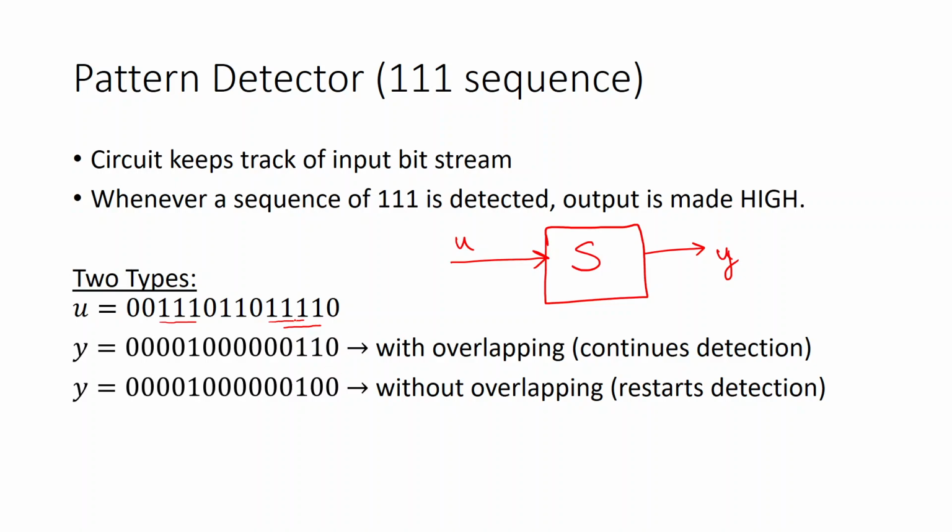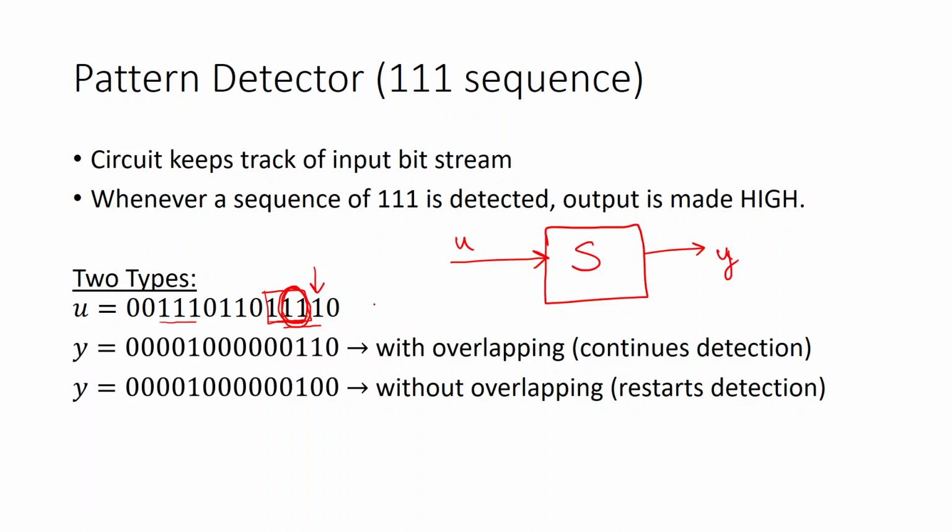Without overlapping means when it has detected a pattern, then it resets itself. That means it starts detecting the pattern freshly again. So these two ones will not be considered anymore. It will start detecting the pattern afresh, starting from this one.